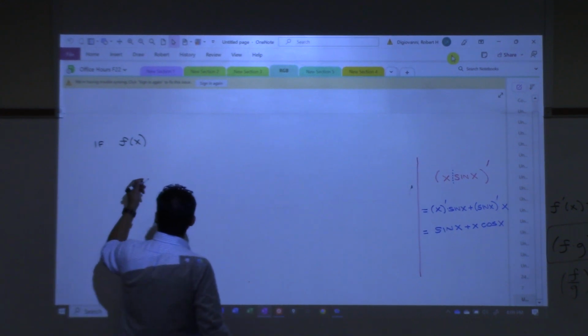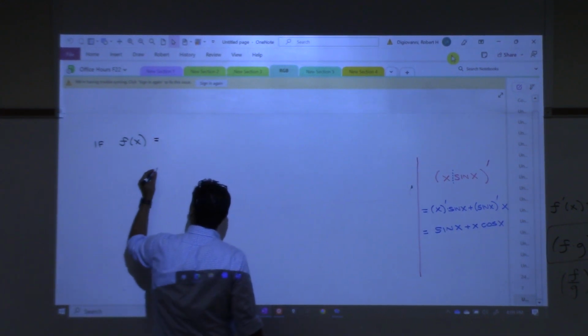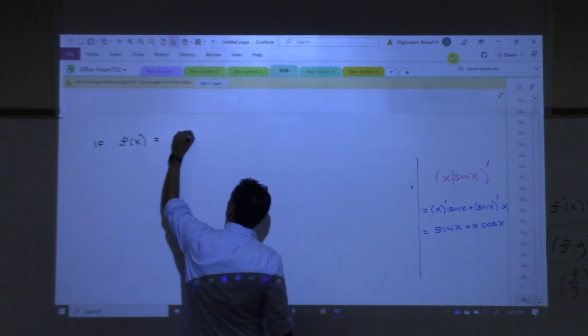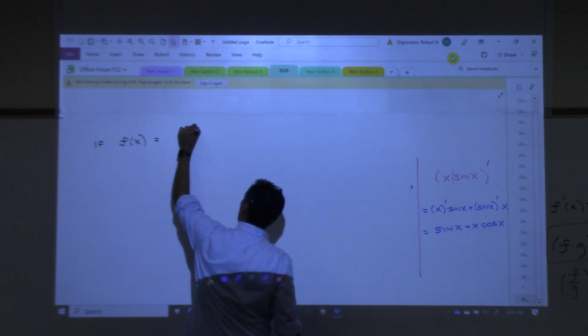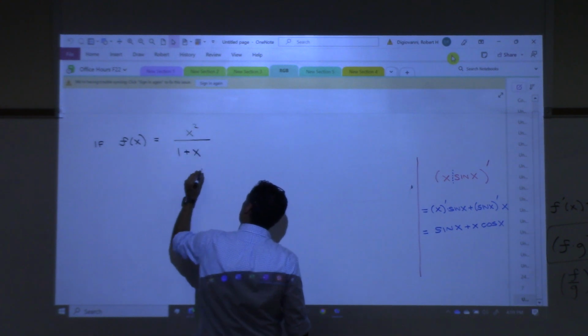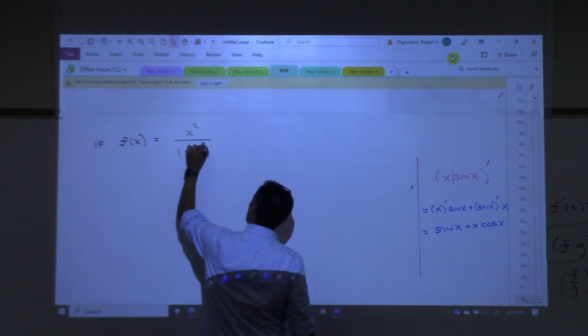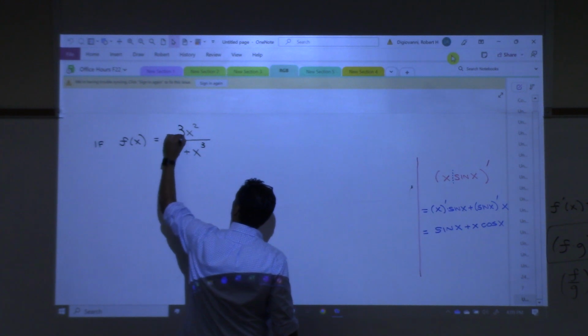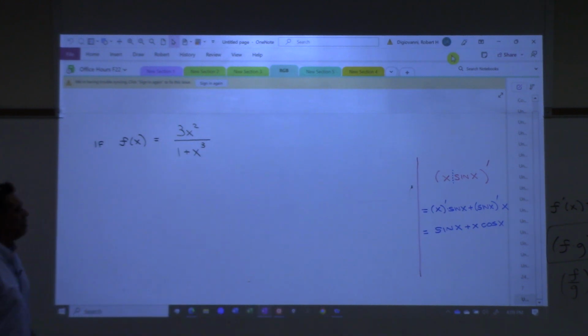Okay. All right. Look, here's the function. F of x is going to be x squared over 1 plus x cubed. Let's make it instead 3x squared on top, sorry. 3x squared over 1 plus x cubed.